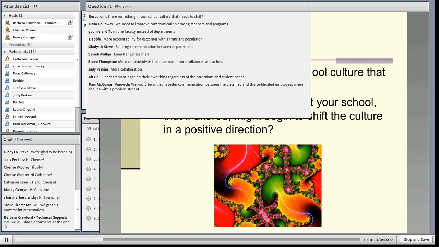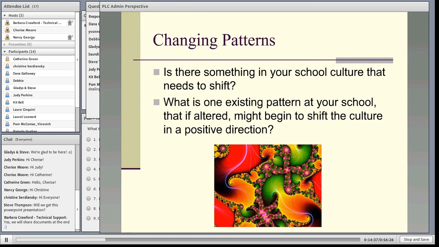Those Lone Ranger teachers who want to do their own thing regardless of curriculum and student needs, accountability for outcomes, all of those things were issues that bubbled up in our examination of what was happening. So this is all very familiar, and I will tell you from my perspective also rather doable. So that's the good news.